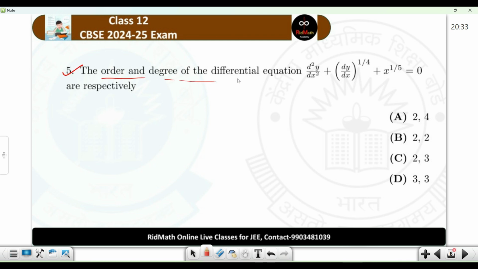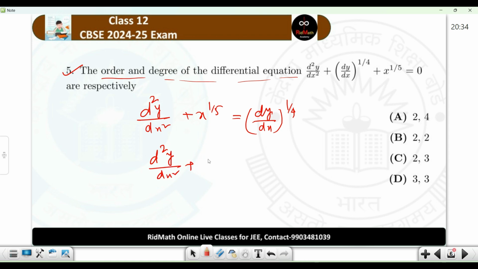The order and degree of the differential equation d square y by dx square plus dy by dx whole to the power 1 by 4 plus x to the power 1 by 5 equal to 0. So d square y by dx square plus x to the power 1 by 5 equal to minus dy by dx whole to the power 1 by 4. Now raising to the power 4, this is d square y by dx square plus x to the power 1 by 5 whole to the power 4, and this is dy by dx to the power 1.